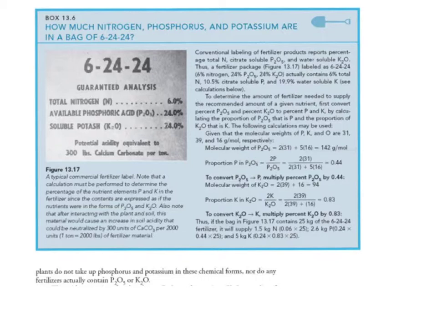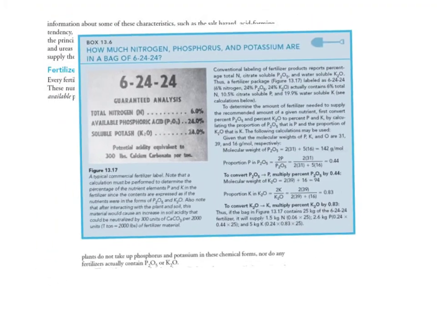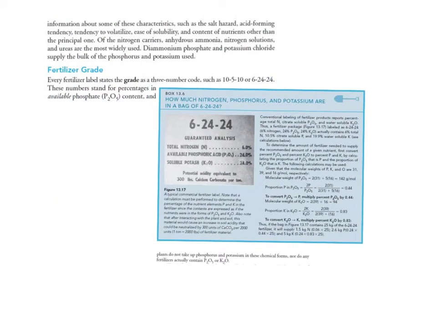What you need to know is that when we do a fertilizer calculation, or when we make a fertilizer recommendation, like you're going to see in exercise 13 in your lab manual, that fertilizer recommendation is actually already calculated in the form of your guaranteed analysis. So you don't have to do these calculations to determine how much phosphorus you need to put on.